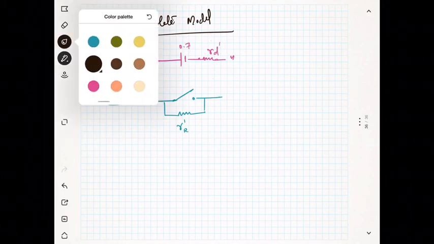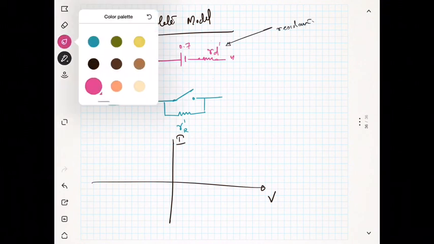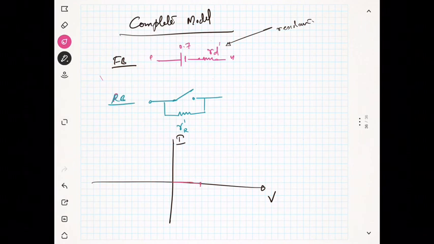I am going to draw the figure. You have the voltage and this is the current through the diode. In the forward bias, you have current only after 0.7. After that there is a resistance, and whenever there is a resistance you have a slope, and the slope of this is 1 by RD dash.